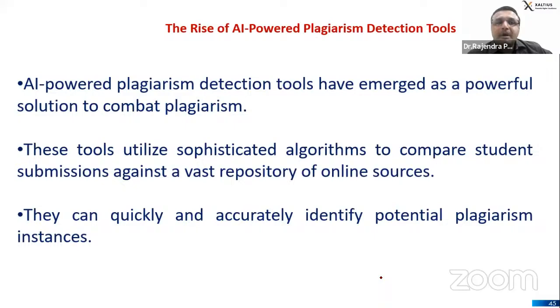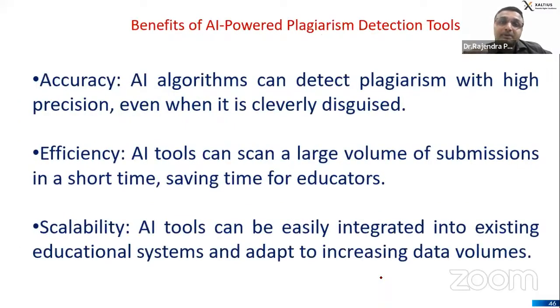So there are AI powered plagiarism tools which have come, and you can use them as a researcher as well as for others. Let's see how it is used. First of all, the features: they are quite accurate. These algorithms can detect plagiarism with precision even when it is cleverly disguised. For efficiency, AI tools can scan a large volume of data. These tools are integrated into existing educational systems and adapt to increasing data volumes.